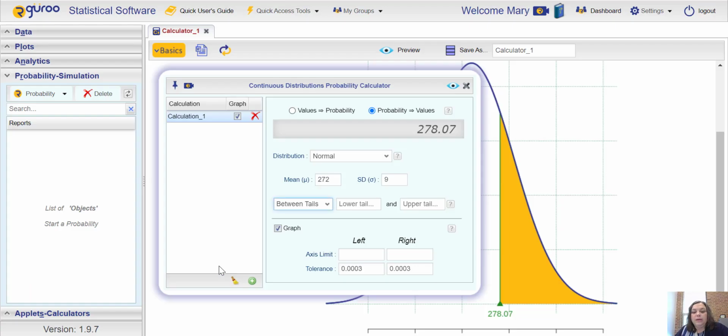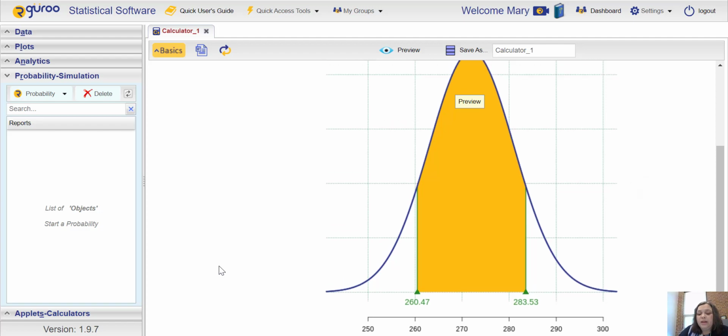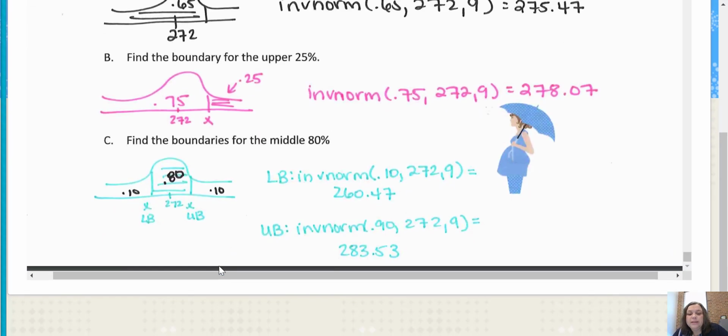So you'd put in 10% for the lower tail and 10% for the upper tail. If 10 on the bottom, 10 on the top, that leaves 80 in the middle. And you see you have the boundaries of 260.47 and 283.53. Same thing we got with the InvNorms.